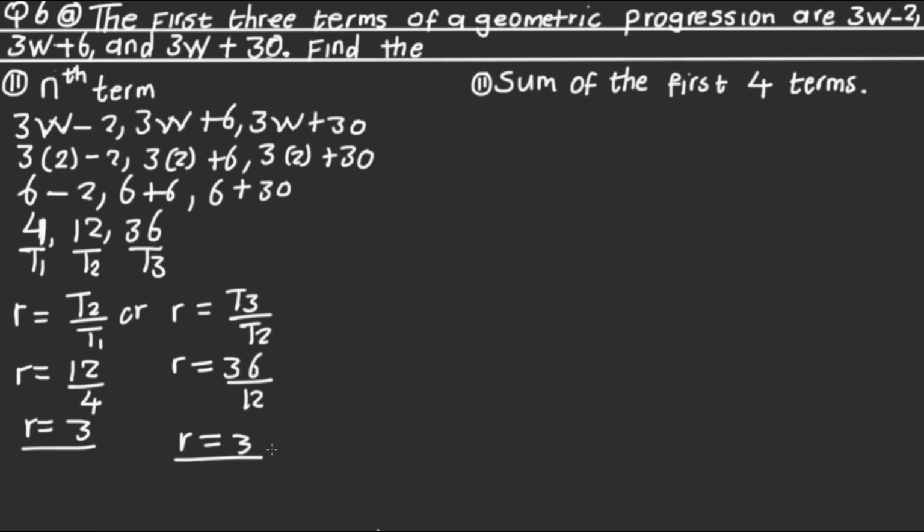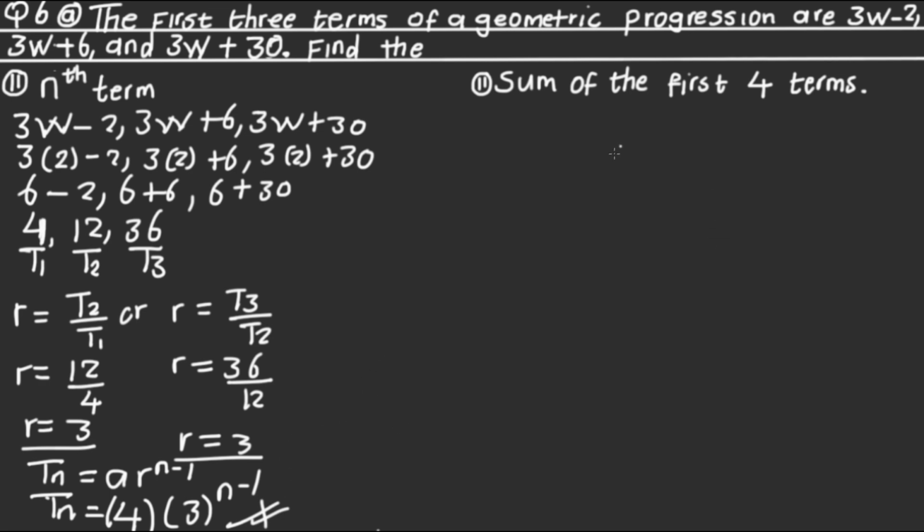Then when you are done, you need to write the formula for the nth term for a GP. So the formula is Tn is equal to a r to the power n minus 1. To find the nth term, where there is n, you don't have to substitute with anything. a is the first number, so the first number of the sequence is 4. r is 3, n minus 1. So that's our final answer.